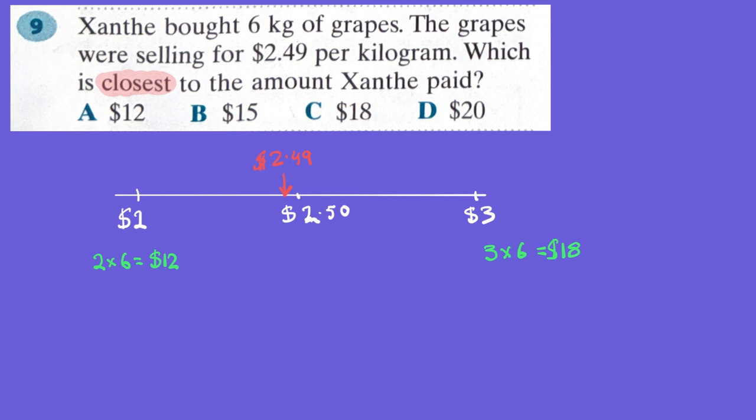So can we multiply 2.5 times 6? Now you could do this in your head, or you could do it as a formal multiplication. Either way, it'll come up to $15. So your best and the closest estimate to this is going to be B, $15.